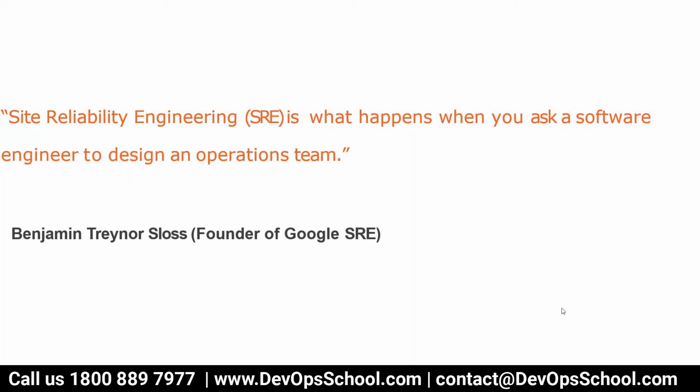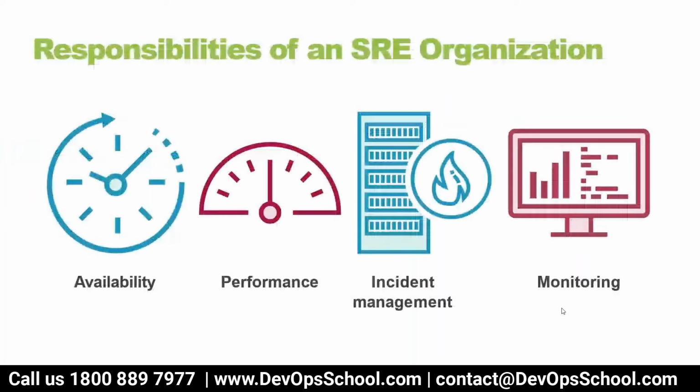If you want to set up an SRE team compared to an ops team, then you need to ask the folks to follow the engineering approach, what they do in software development, something similar they have to do in the ops work as well. That is what Benjamin is suggesting.